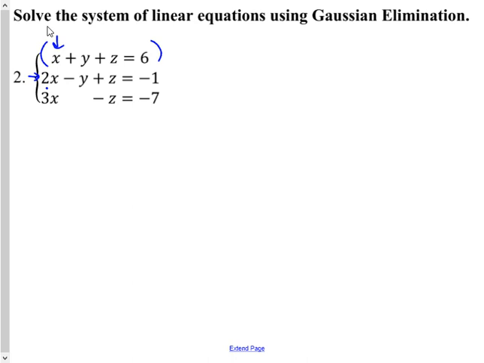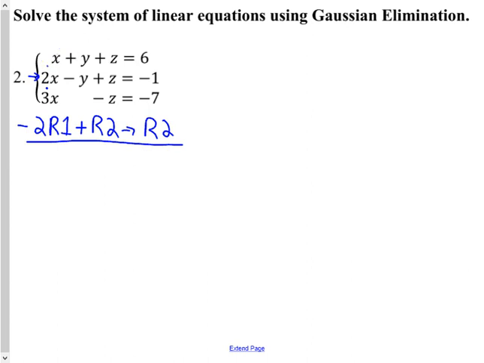So I'm going to do minus 2 times the first equation, or row 1. Minus 2 times row 1, added to the current row 2, will get me my new row 2. Symbolically, negative 2 times row 1 plus row 2 gives a new row 2. So I'm multiplying this top equation by 2 across the board: 2x plus 2y plus 2z is 12.